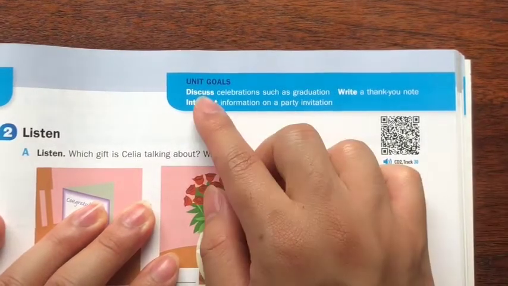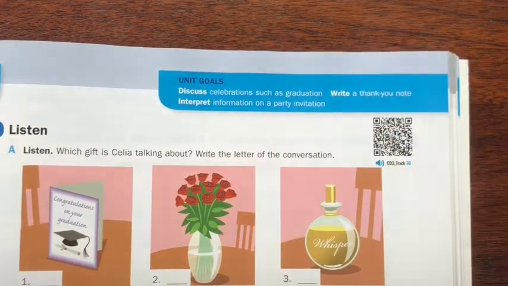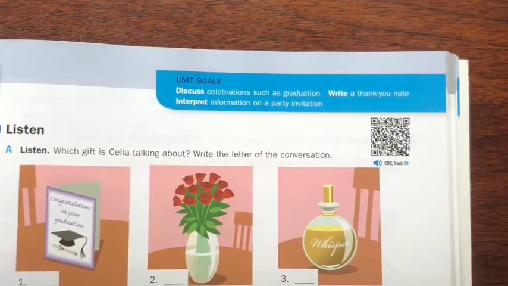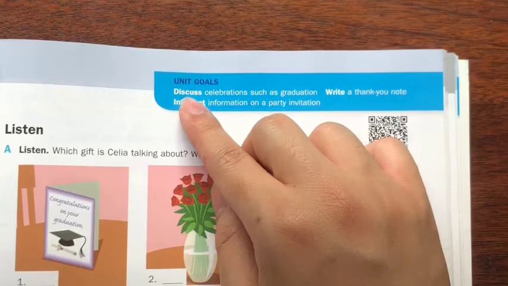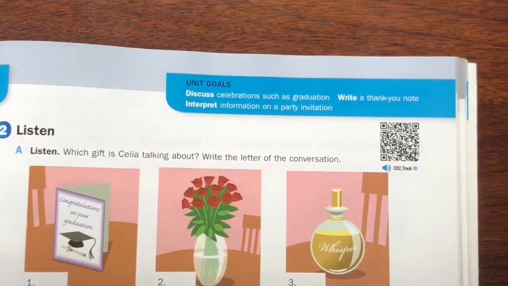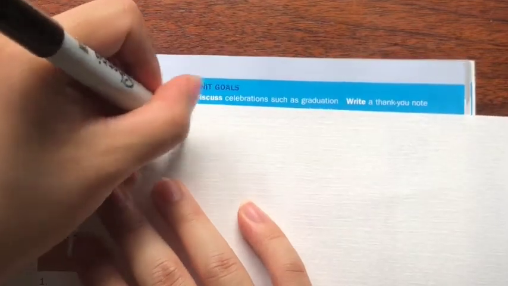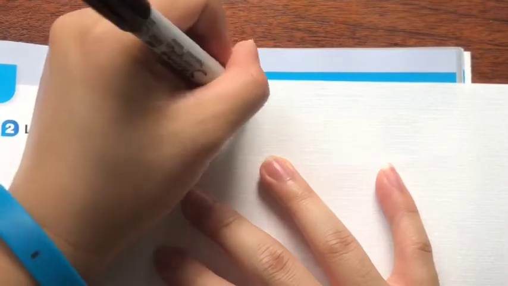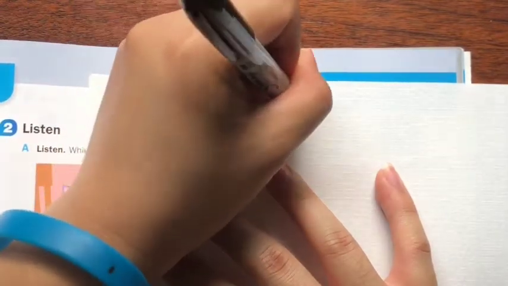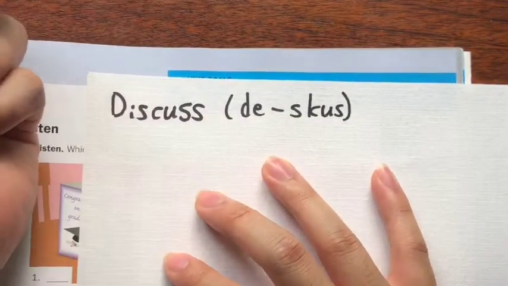In Unit 10, we want to discuss celebrations such as graduation. Okay? So, discuss means to talk about. Discuss.